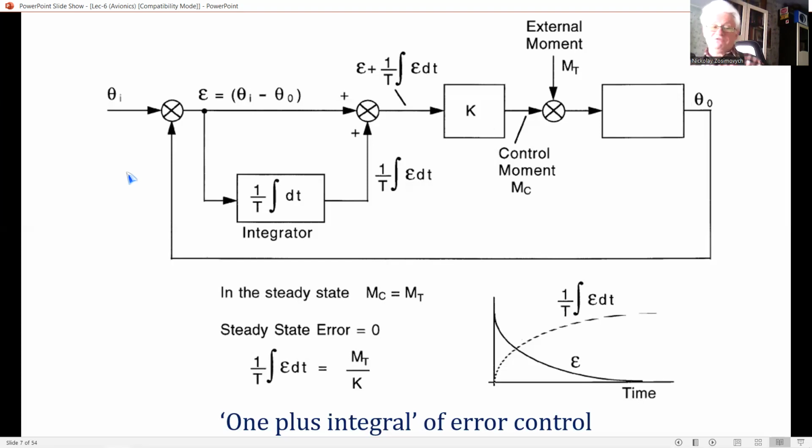The magnitude of the steady state error is dependent on the loop gain K, as you can see here, which in turn is limited by the loop stability.